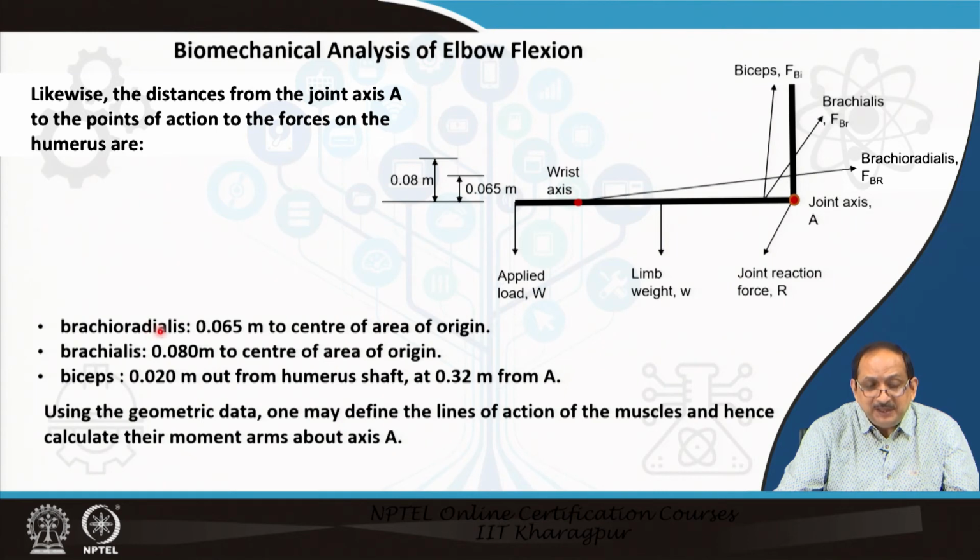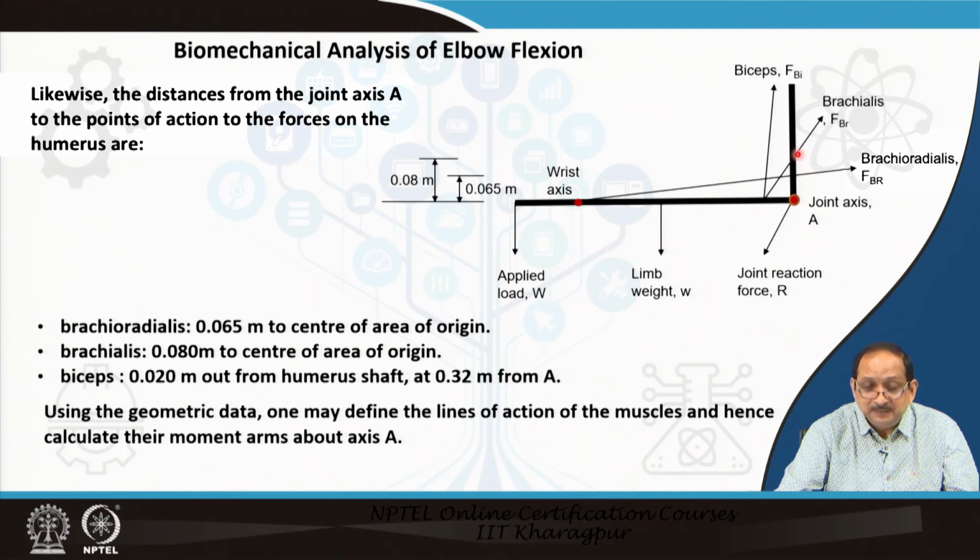So, we have the brachioradialis muscle acting at a position of 0.065 meters from the joint axis. The brachialis muscle is acting at a distance of 0.08 meters from the joint axis.